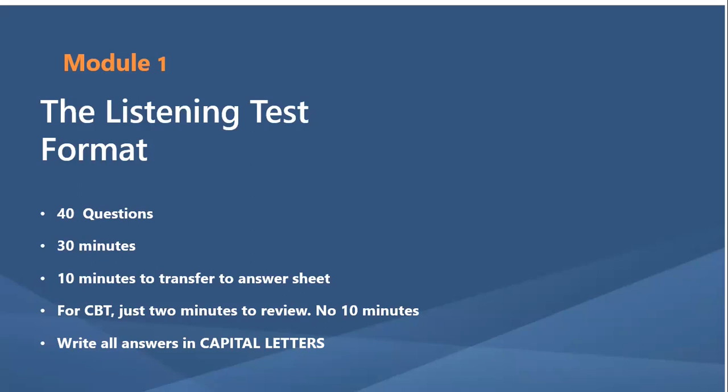So, during the first 30 minutes when the tape is playing and you're writing inside the question paper, write all your answers in small letters, in lowercase letters. When it's time to transfer to an answer sheet, transfer your answers into the answer sheet in capital letters. I'll be explaining why you need to do that shortly.